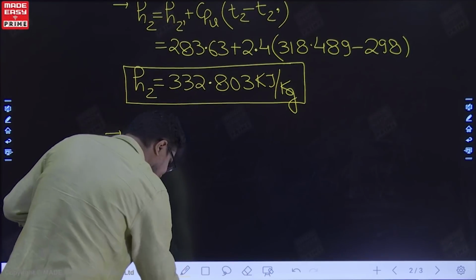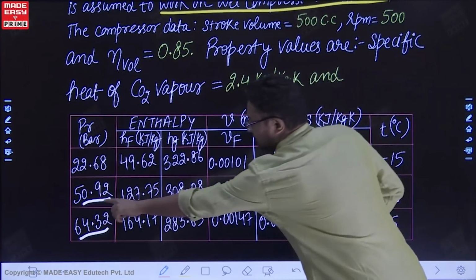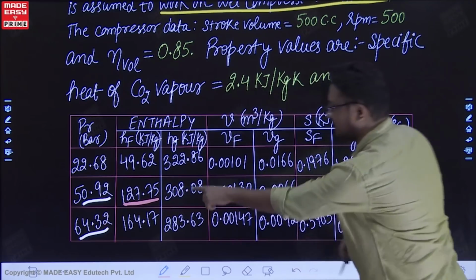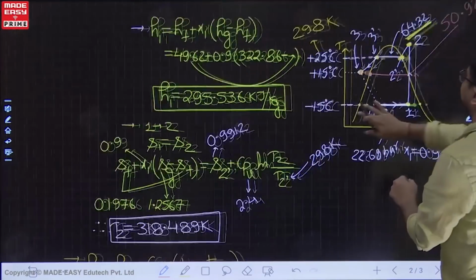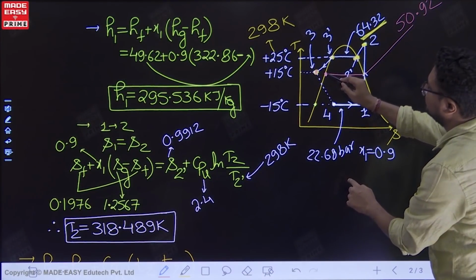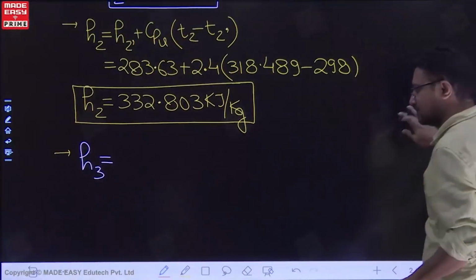We will write the H3 as 127.75. How? For this pressure, HF is 127.75. So I'll write the value here.